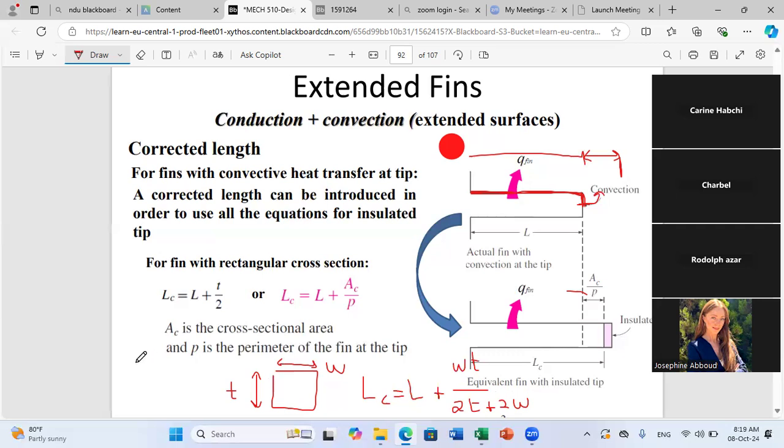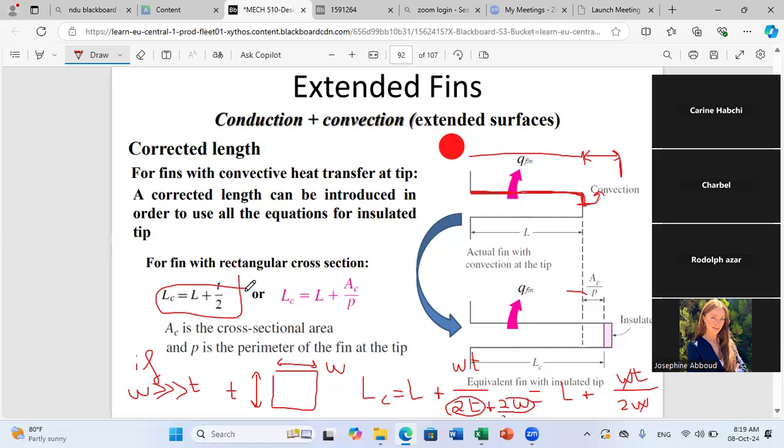So if W is much larger than T, I can neglect 2T compared to 2W, and I end up with L plus WT over 2W, so I can simplify W, and I say then that the corrected length is L plus T over 2.